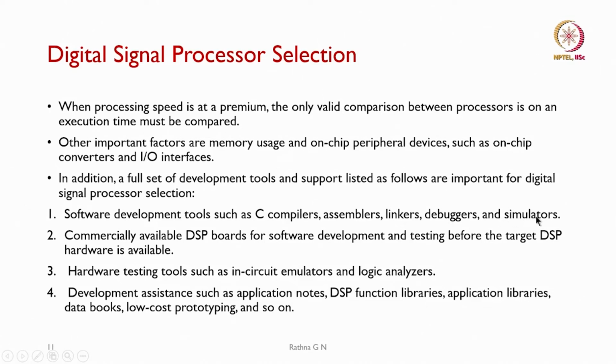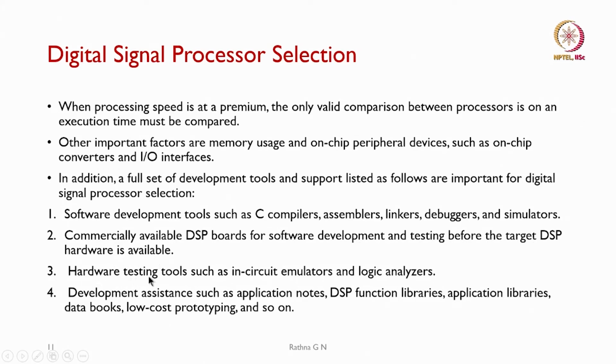Once I have tested that it is working, then I can go for my own design in FPGA or VLSI. Commercially available DSP boards are needed for software development and testing before the target DSP hardware is available. That is one of the criteria we are looking at.